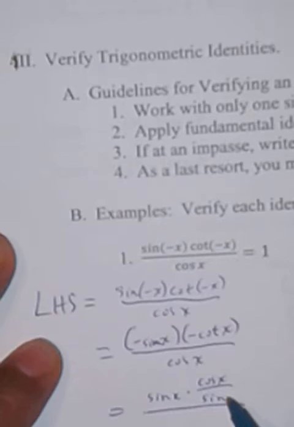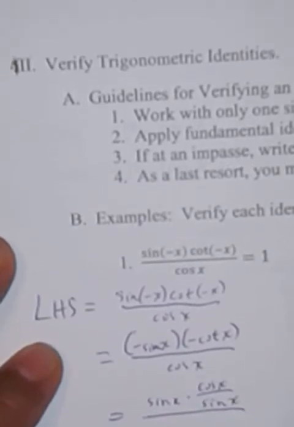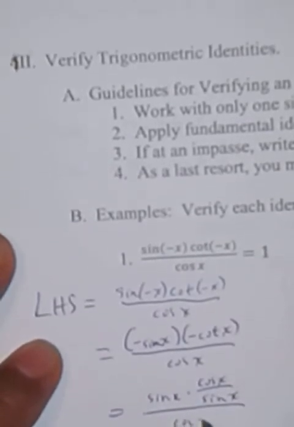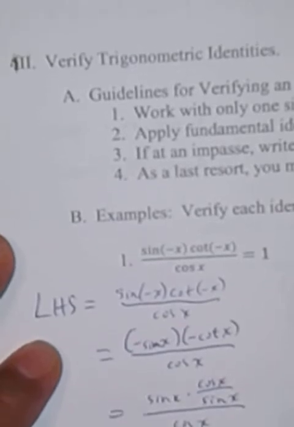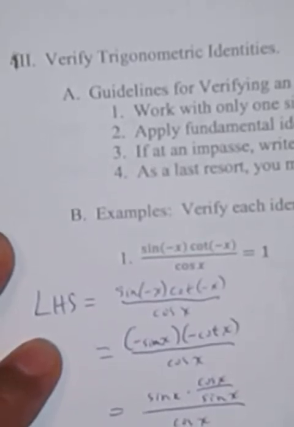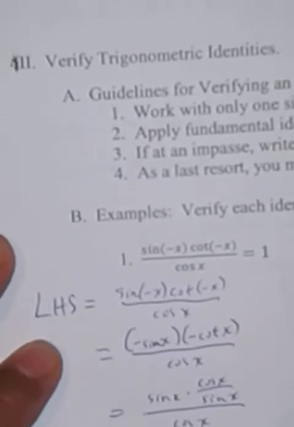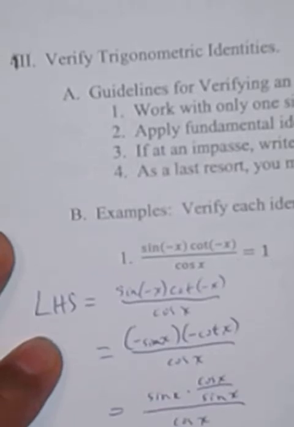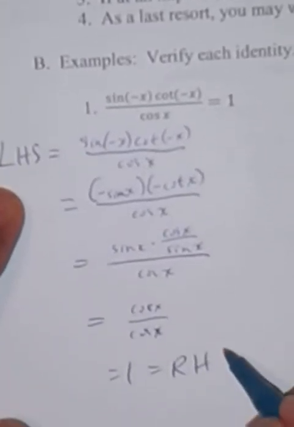So I have sine x times cosine x over sine x, over the denominator cosine x. In the numerator, the sine x is canceled. I have cosine x over cosine x, which equals 1, which equals the right-hand side.